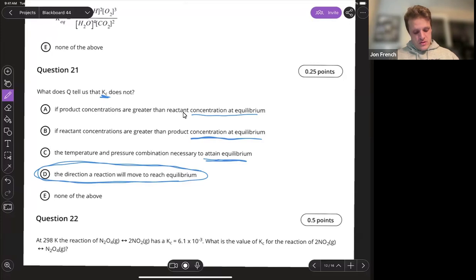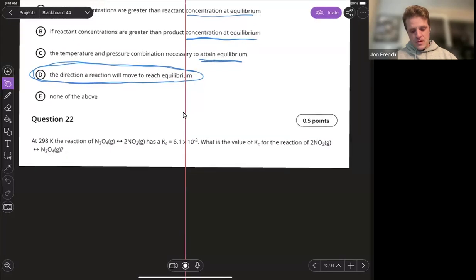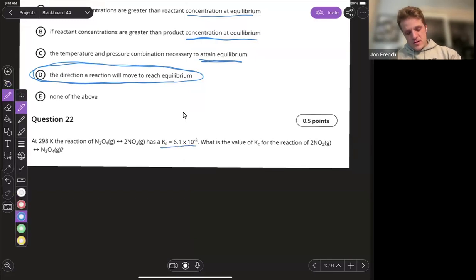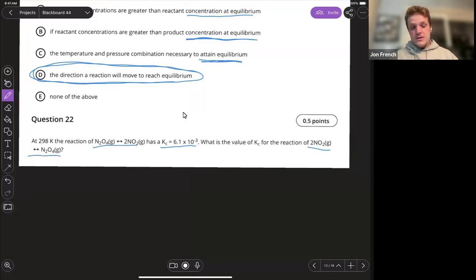For question 22, they give us this reaction and then they say here's the equilibrium constant for that reaction. And then they ask, what is the equilibrium constant for the reverse reaction? If we know the equilibrium constant for a forward reaction, the equilibrium constant for the reverse reaction is simply the inverse.